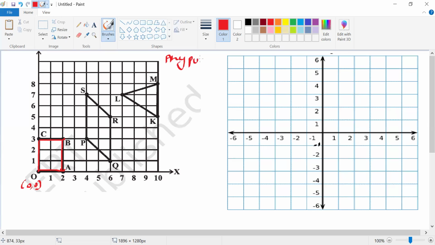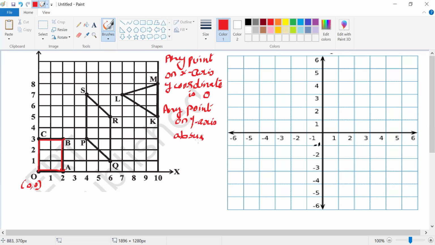Any point on x-axis, then y coordinate is 0. Similarly, any point on y-axis, then abscissa, that is x coordinate, will be 0.